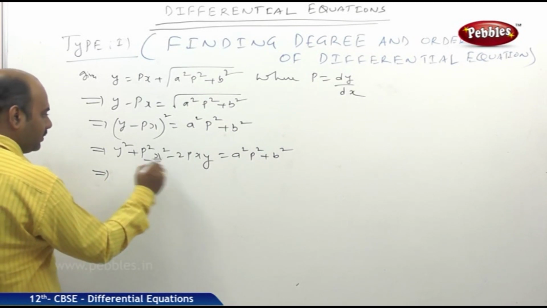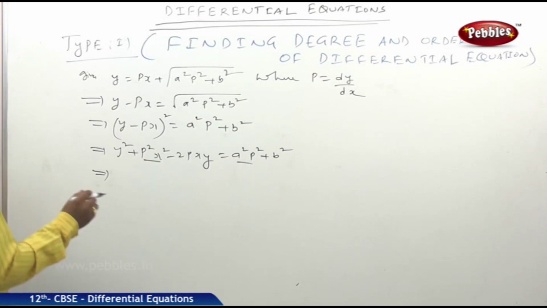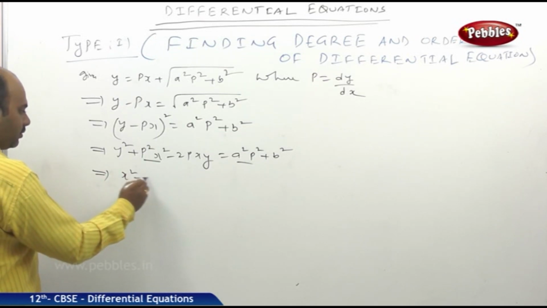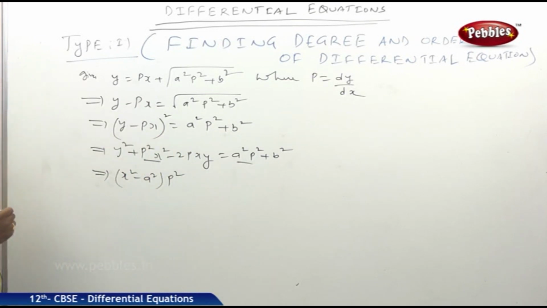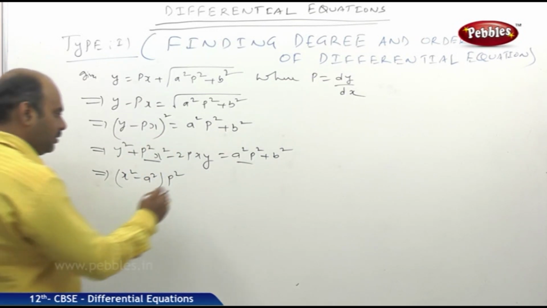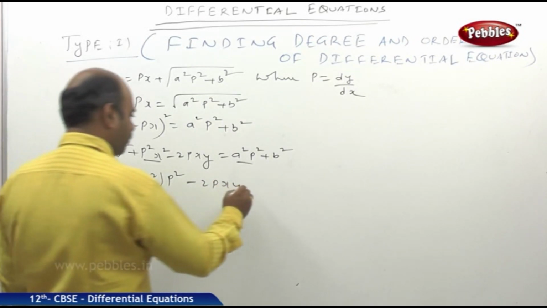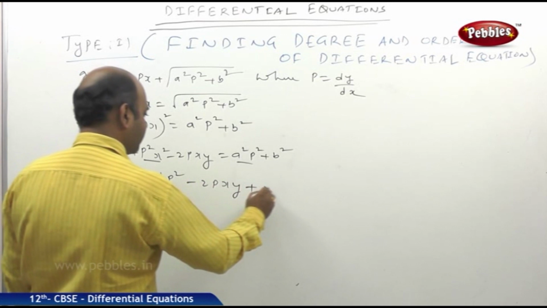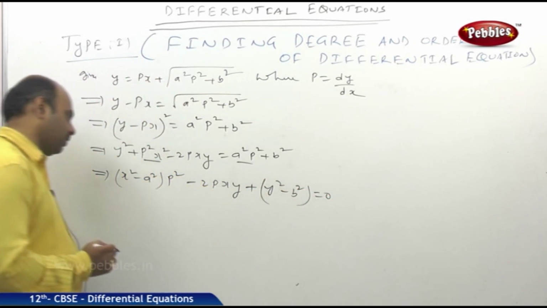That implies, if you observe carefully, here I will take p square common, so there remains x square minus a square into p square, minus 2pxy, plus y square minus b square equal to 0.